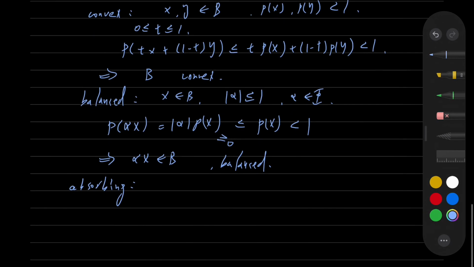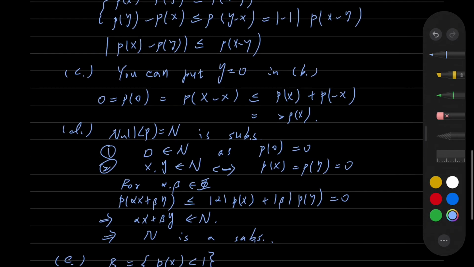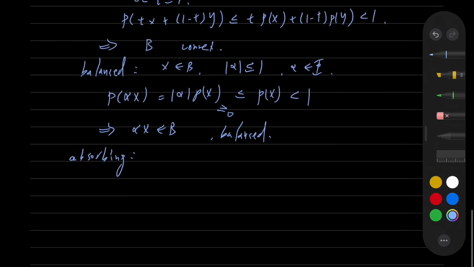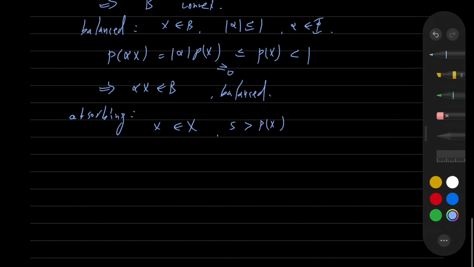For the absorbing part, let's prove this together with the equality P equals mu B. So we fix a vector x and we choose a positive number s larger than P of x. Then we just move s to the other side. We have P of x over s is smaller than 1.